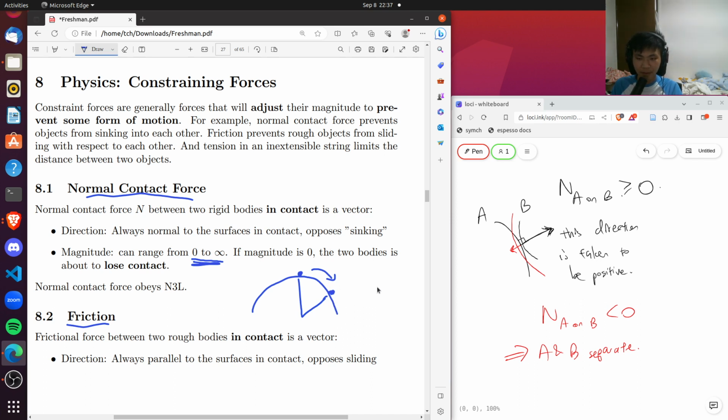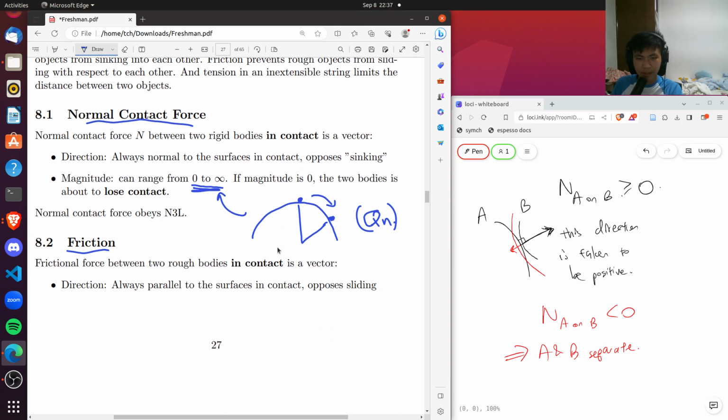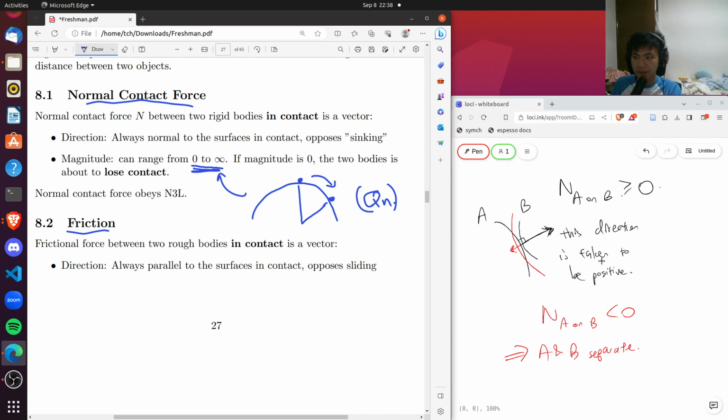And even though we're not ready to tackle it now because it requires concepts of centripetal acceleration, this question would emphasize this concept that normal contact force cannot have negative magnitude. Normal contact force does not hold two items together. It always pushes them apart. Okay, so that's something I want to emphasize about normal contact force.